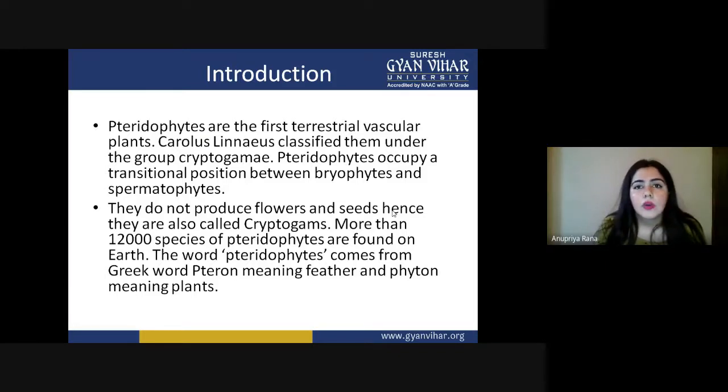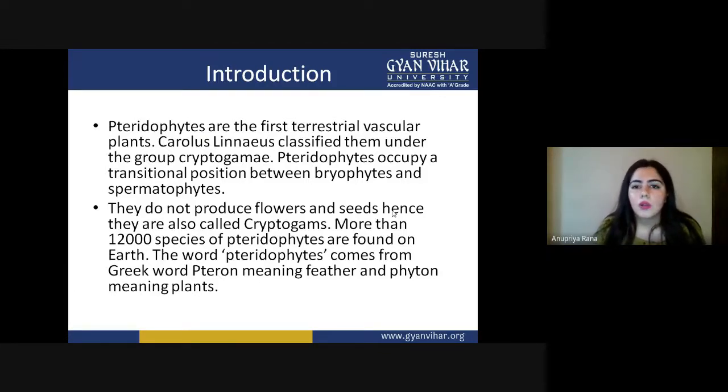So these are the characters which are lacking in the cryptogams. And also a very important composing unit inside the plant, the vascular tissue. Among all the cryptogams, the thallophytes, bryophytes, and pteridophytes, only pteridophytes have this slight luxury of being terrestrial vascular plants. Why did I use the word slight?